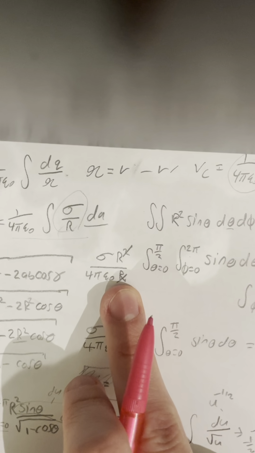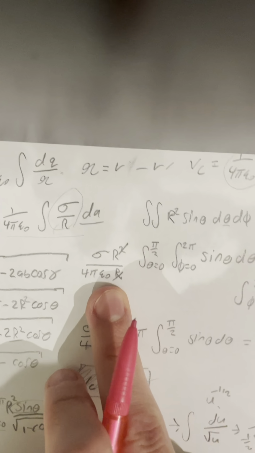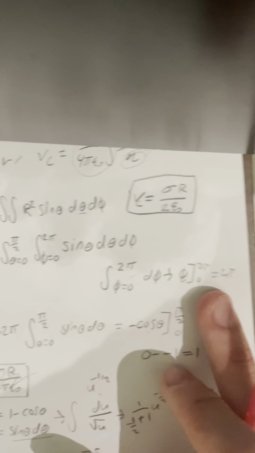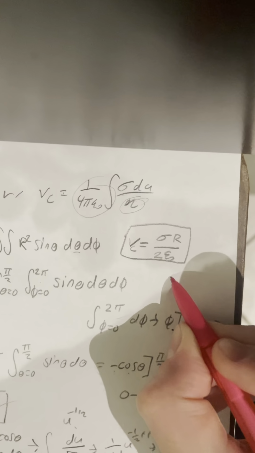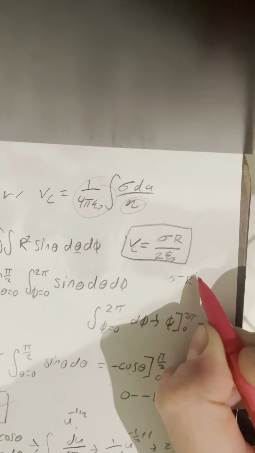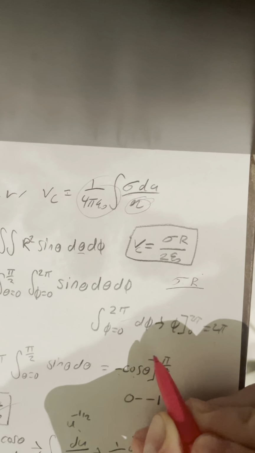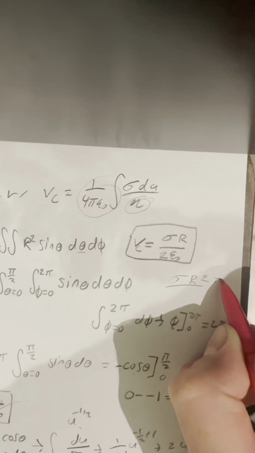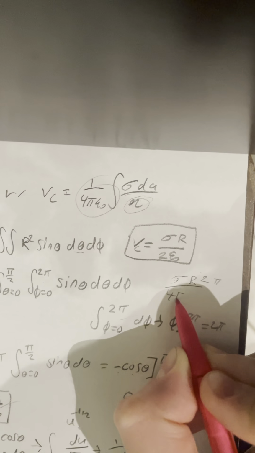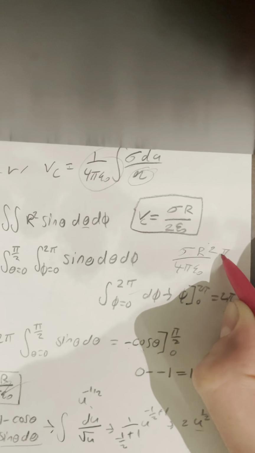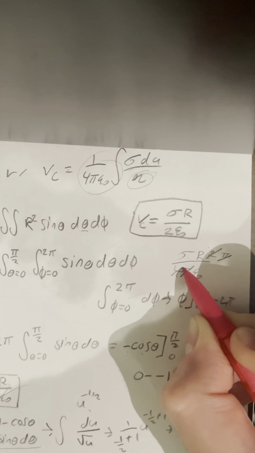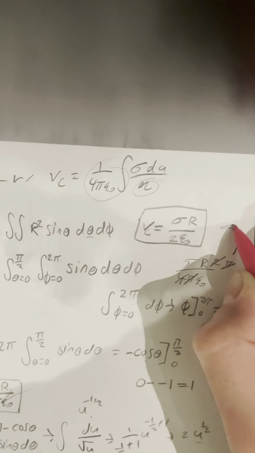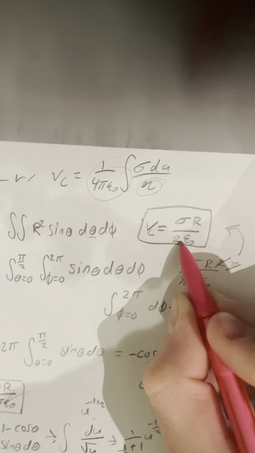The r's cancel out, so there should be an r on top. Then we get 2 pi, and so this 2 pi term right here, let me explicitly write this out. My apologies again for making this mistake. So we have a 2 pi on the top, 4 pi epsilon naught. So the pi cancels, the 2 cancels, and the 4 gets reduced to 2, and that's how we get our electric potential at the center.